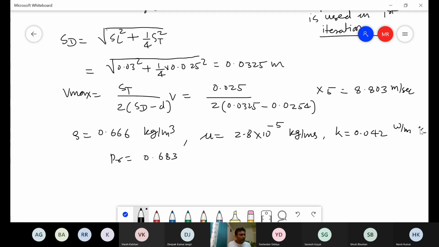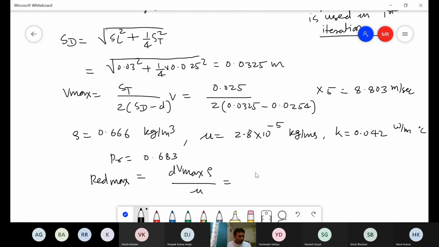Okay, so now with this we can find the Reynolds number. Re D max is the maximum Reynolds number based on Vmax, which is D Vmax rho by mu.